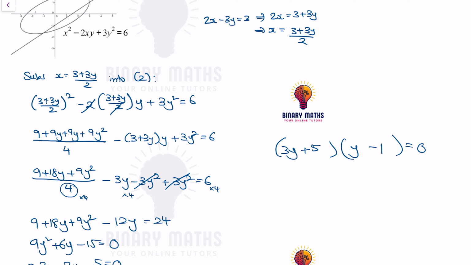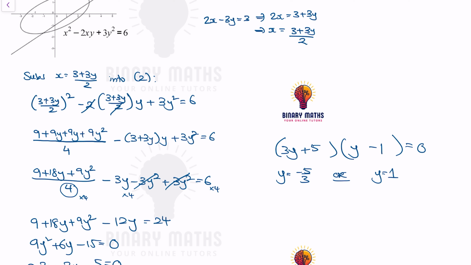From the middle terms, I get negative 3y plus 5y, which gives you positive 2y. Okay, which means y is equal to negative 5 over 3 or y is equal to 1.